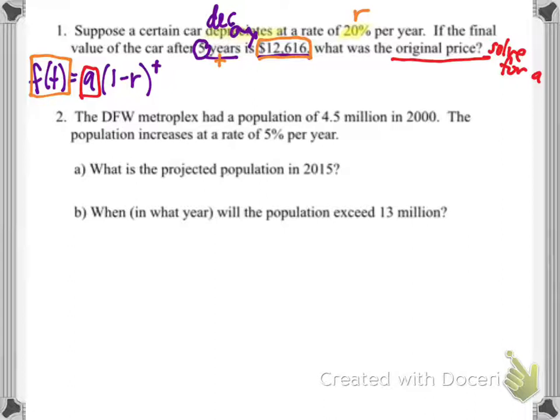I'm going to plug in all of my values. So I'm going to take 12,616 equals, I don't know what A is, 1 minus 0.20, because R is 0.2, to the 5th power. 1 minus 0.20 is 0.8 to the 5th power.